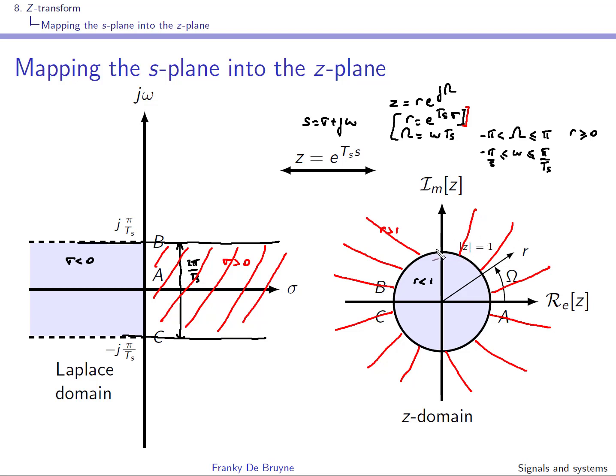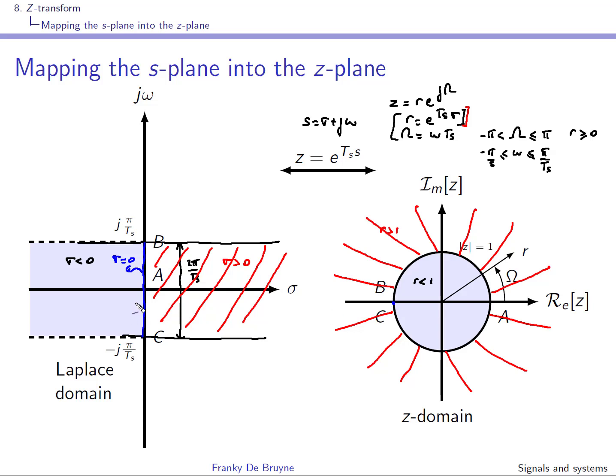And what we can do now is have a look at what happens when sigma is equal to 0, that is, the part of the half strip that is on the j omega axis. If you start from this point over here, that corresponds to an analog frequency of minus pi over Ts, you start over here at minus pi, right?